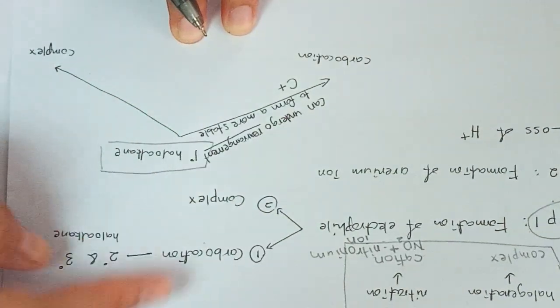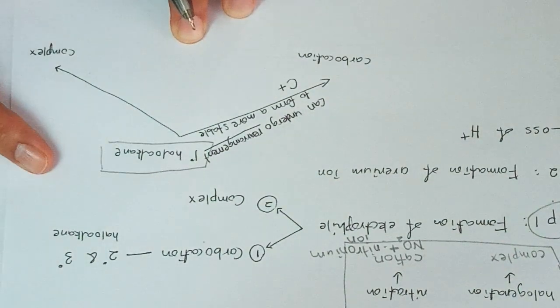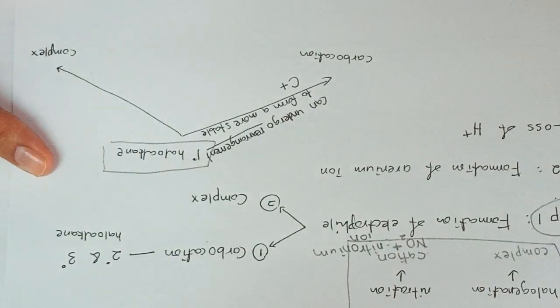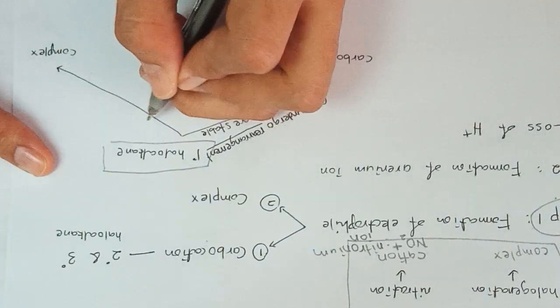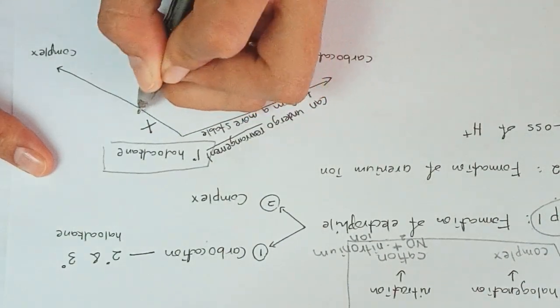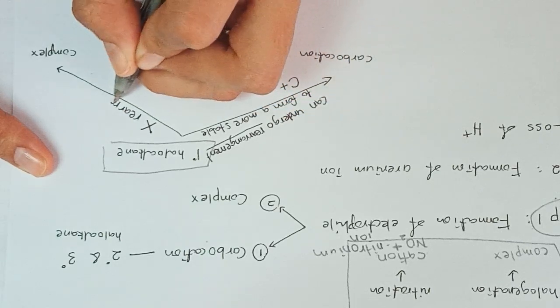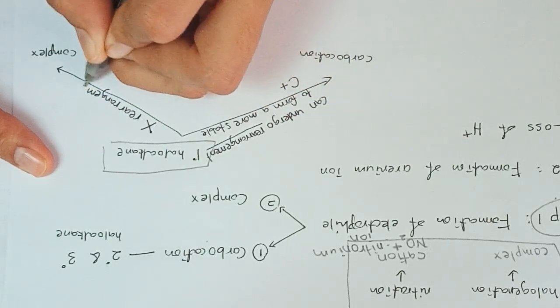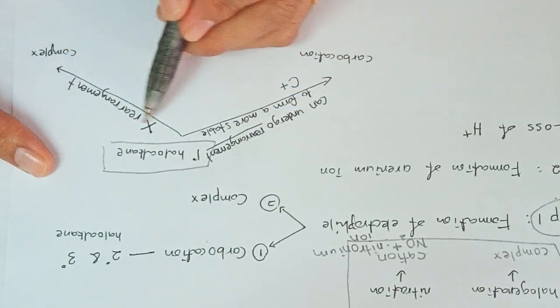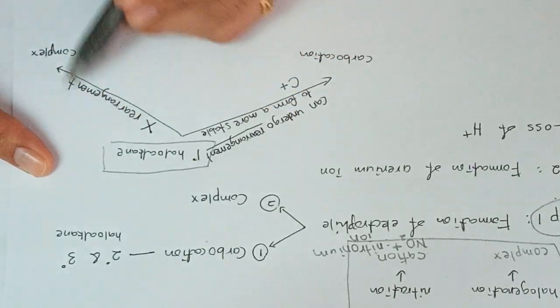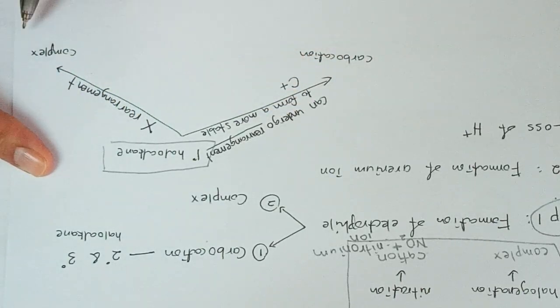However, if the primary haloalkane cannot undergo rearrangement to form a more stable carbocation, it will not undergo rearrangement. Okay, if the primary haloalkane does not undergo rearrangement, therefore it will form the complex.